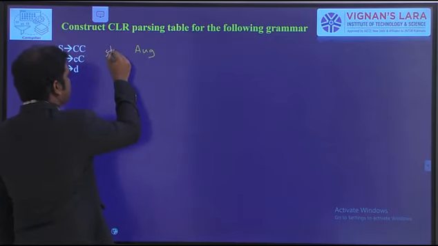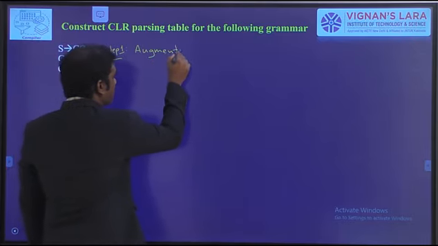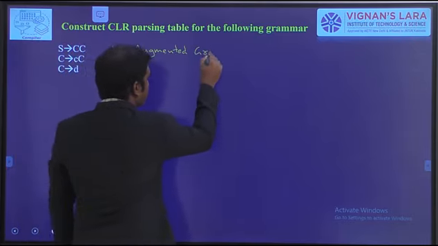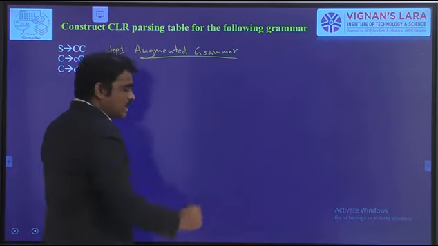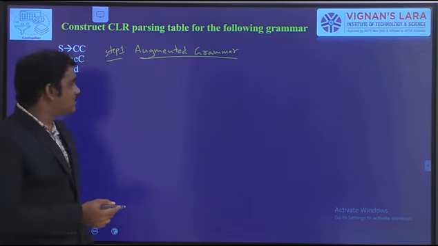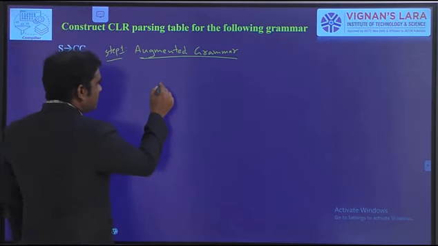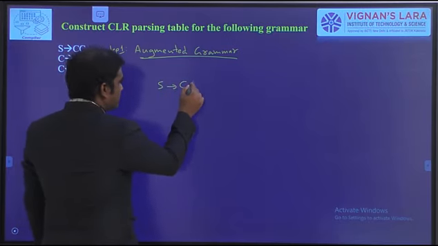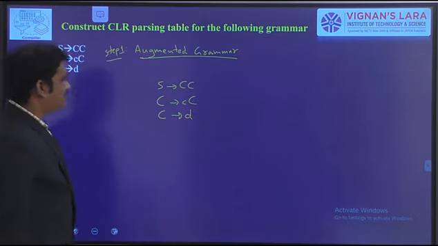Step 1. Augmented grammar means adding a new production to the given grammar. The given grammar is S to CC, C to cC, C to d.